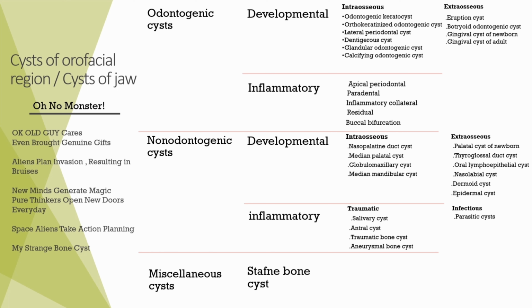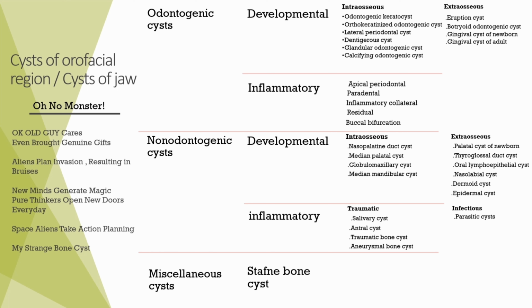Space aliens take action planning, or you can remember it as SATA. Salivary cyst, antral cyst, traumatic bone cyst, aneurysmal bone cyst: these come under traumatic, and planning comes under infectious, that is parasitic cyst.